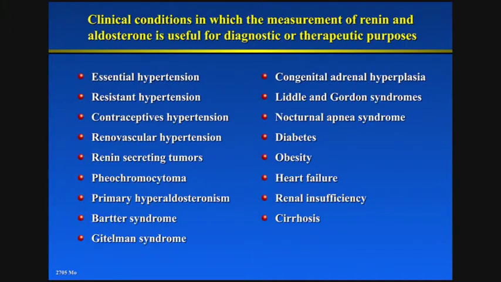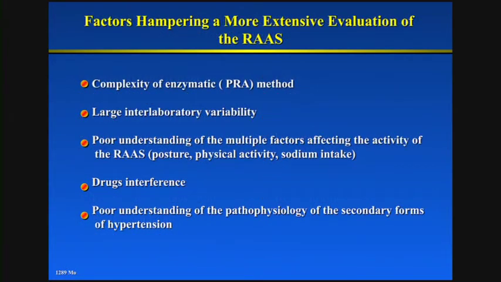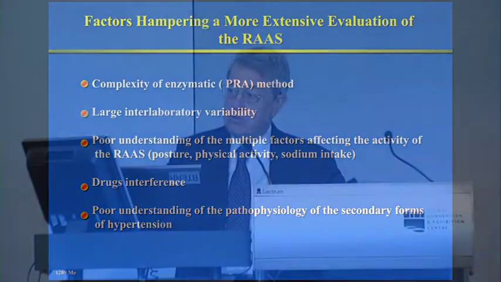And you can easily see that this is a long list, and many of these conditions are extremely prevalent. Therefore, the measurement needs to be accurate enough to evaluate the system properly. We have been using, since the old days, the measurement of plasma renin activity, that is the enzymatic capacity of renin of generating in vitro angiotensin 1.